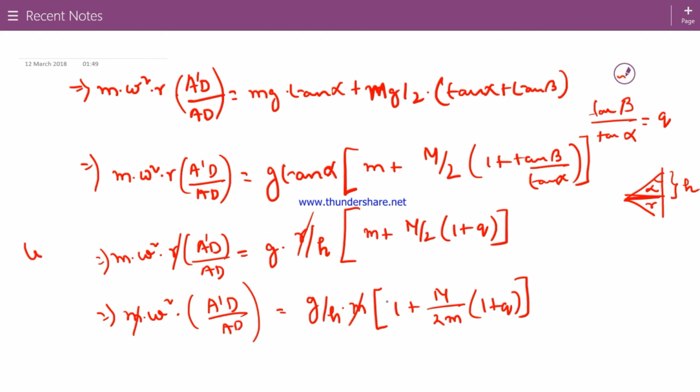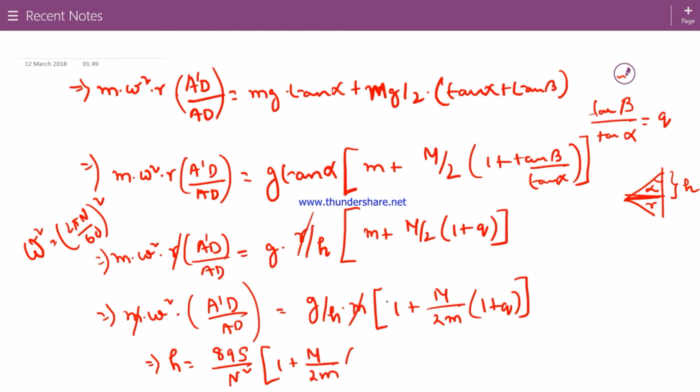So putting the value of omega square equal to 2 pi n by 60, we have the constant value of 2 pi and 60. So if we take the h into the left hand side, it will be again 895 by n square, with the rest of the right hand side of the equation, and we will be transferring this ratio to the right side.